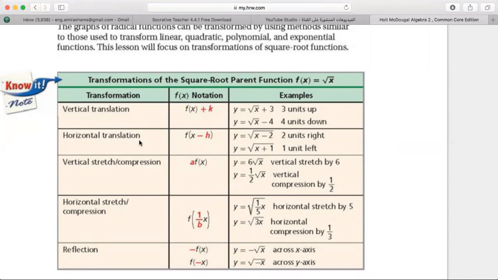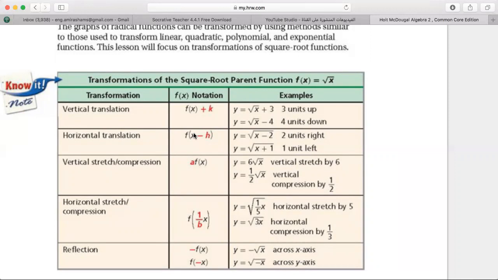Horizontal translation. Here I have f of, not the function, f of x minus h. The sign in the original equation is negative, so the value of h will be the opposite of the sign that is given in the equation.